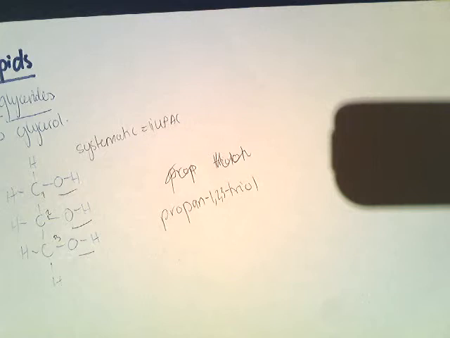And I will grab my data book as well. Just want to show you where glycerol is found in the data book so you know you don't have to remember it.